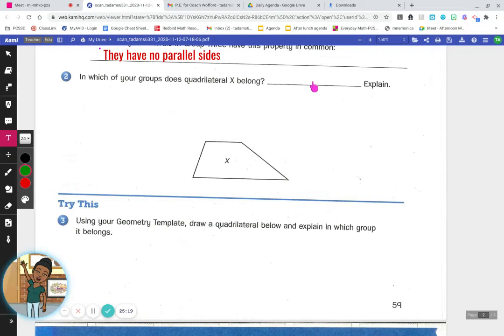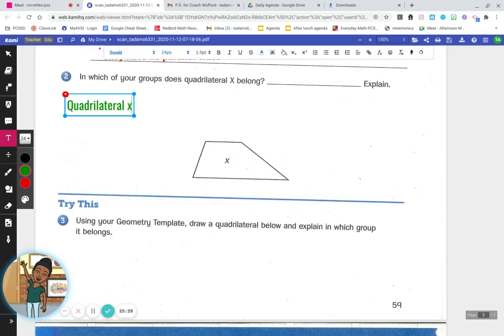After you've finished, look at number 2. Ask yourself, in which of your groups does quadrilateral X belong? Explain. So you're going to tell me group 1, group 2, or group 3, and then explain.